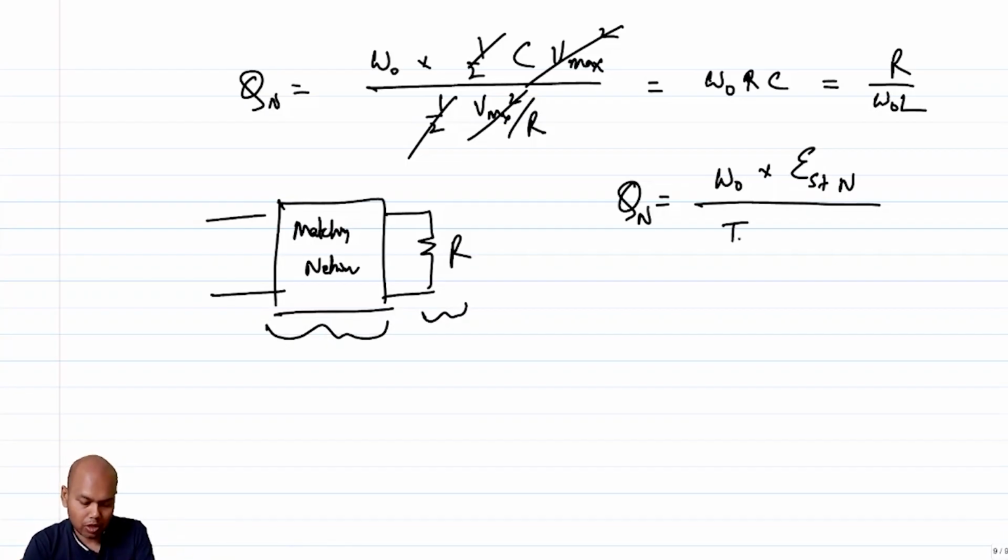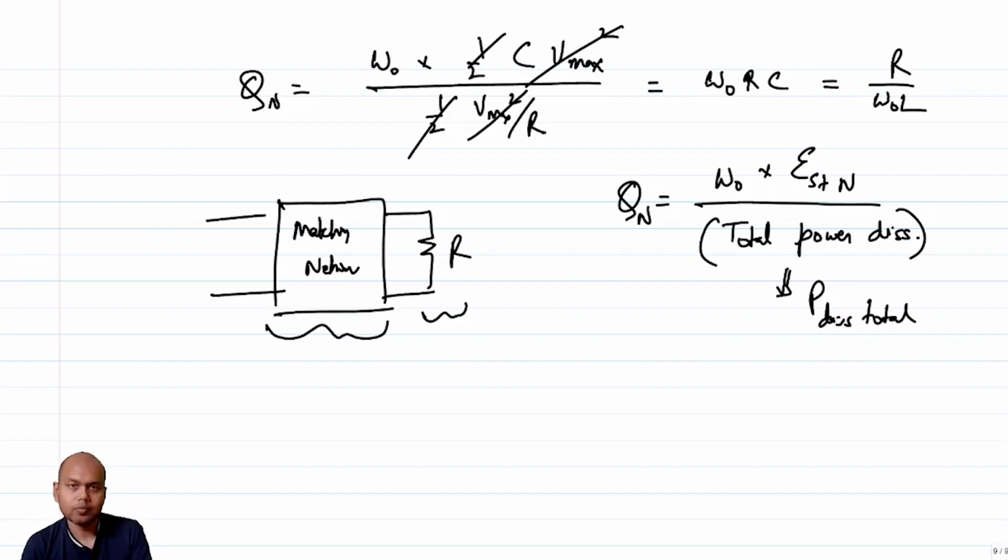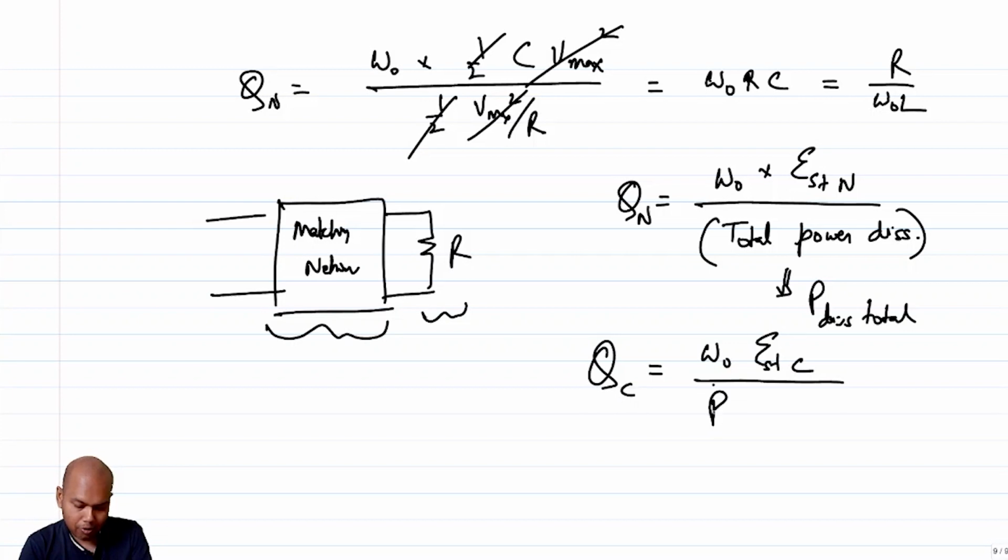So this is the total power dissipated, P dis total, and I will make a distinction with the component Q, which is omega naught times energy stored in a component divided by power dissipated in the component, correct? Strictly speaking, this is the definition.